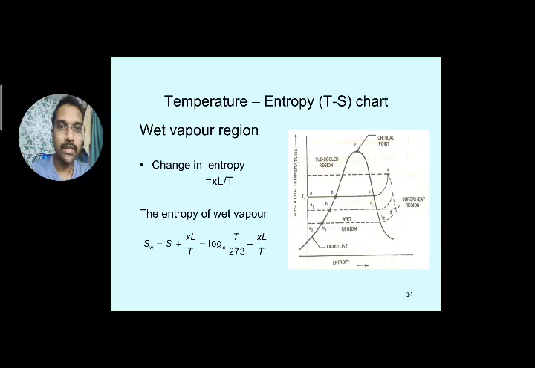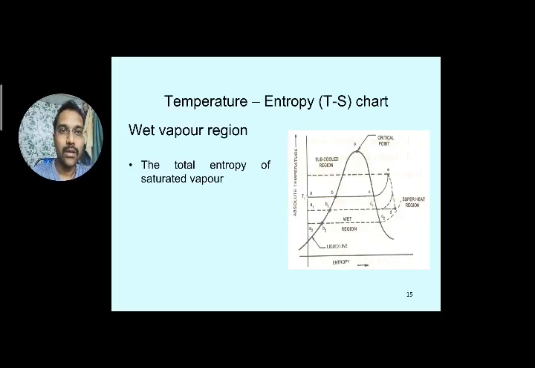You can see the formula, which is equal to S1 plus x into L by T, that is, the change in entropy is x into L by T. S1 we have already seen, that is the entropy at the subcooled region at a particular pressure. So S1 plus x into L by T, which can also be written as log base e T by 273 plus x into L by T.